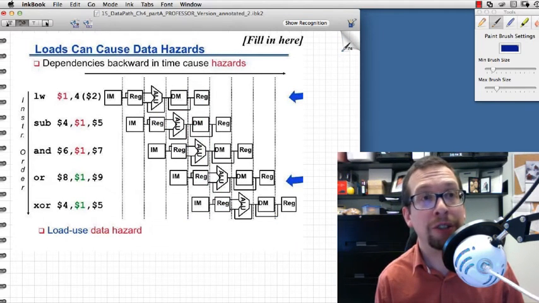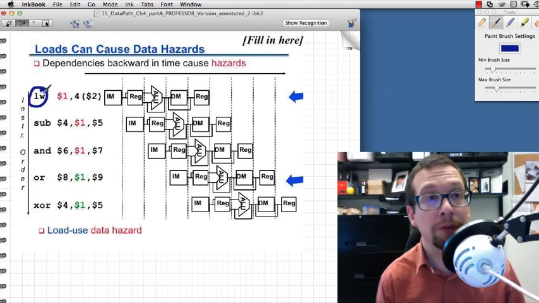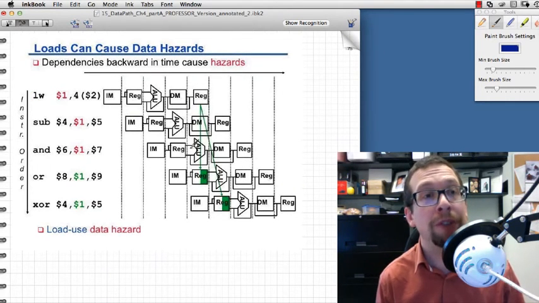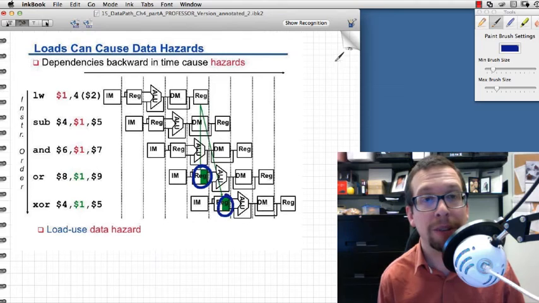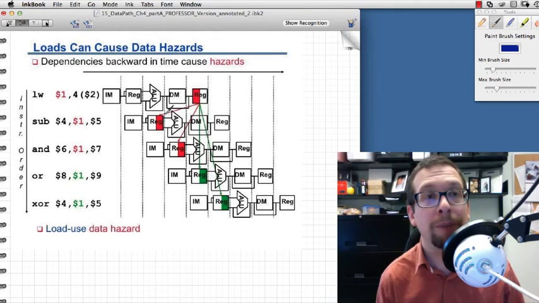You can also have issues with loads. We were talking about registers before, but loads can also cause issues. If you need access to something after a load has occurred, like in this case right here, no problem. However, just like in the earlier case, if a register needed to be accessed before a load had loaded the register, then you've got a problem.